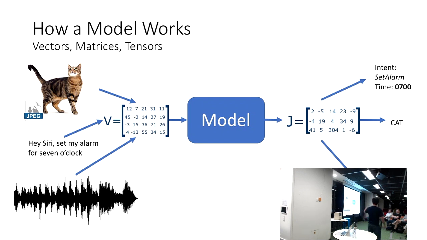So let's say you have an image of a cat, or you have some text, or you have some waveform. The core of any machine learning model is its inputs and its outputs. And all machine learning does, or deep learning for that matter, is you need to come up with a vector representation of X. In the sense of images, it's really simple.